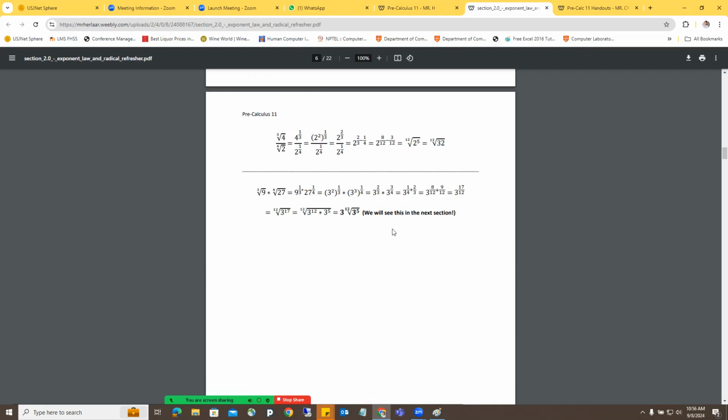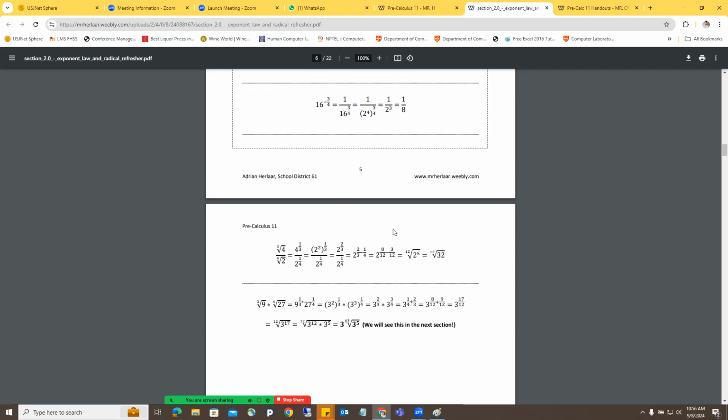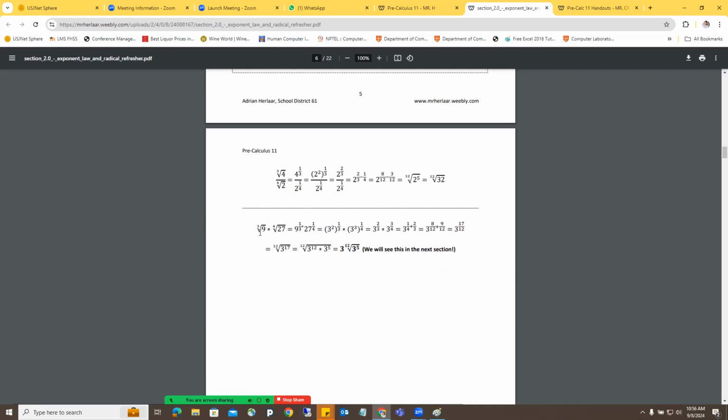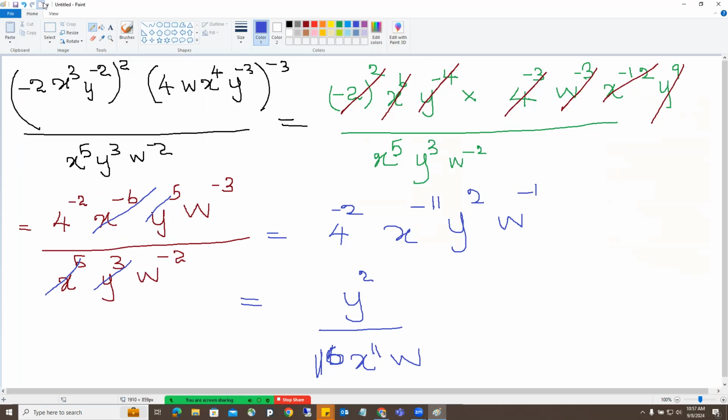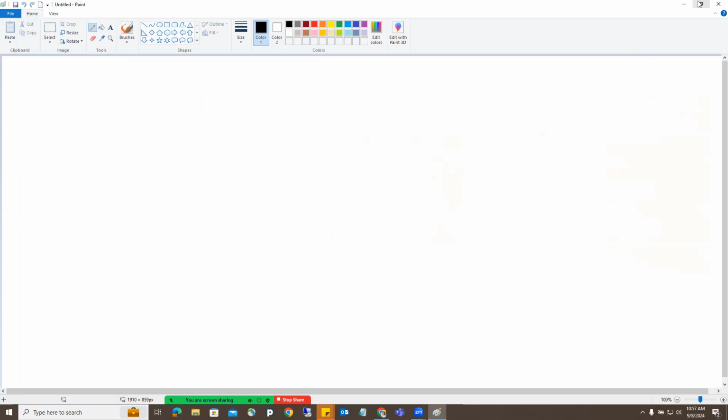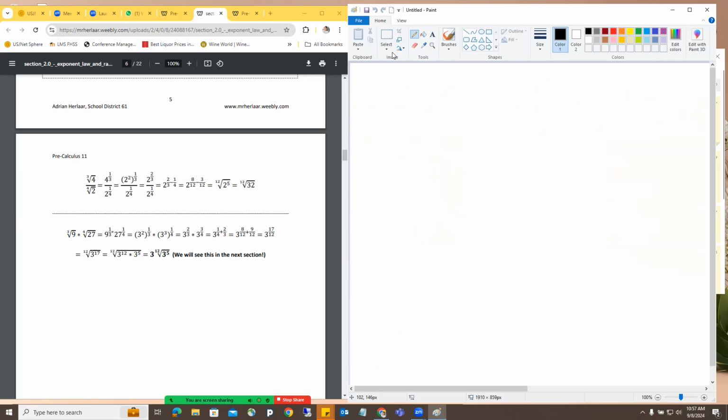Now, okay, for this kind of one, how are we going to simplify? This kind of one, if it's 9 into 27 square root, how are we going to simplify these ones?